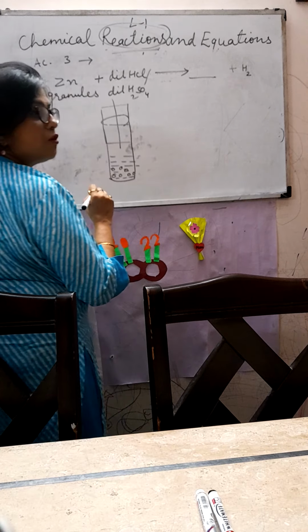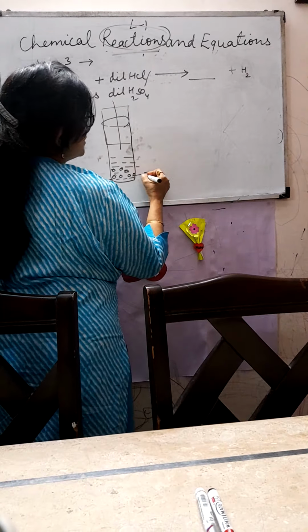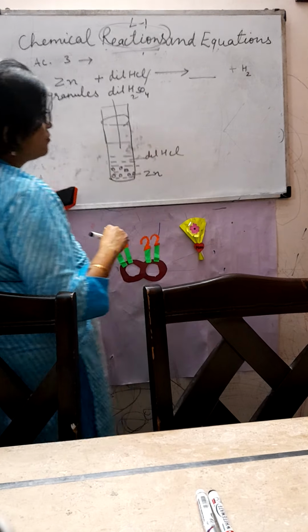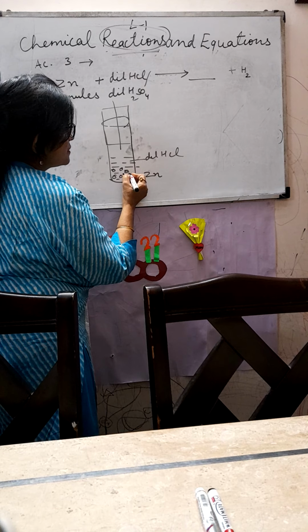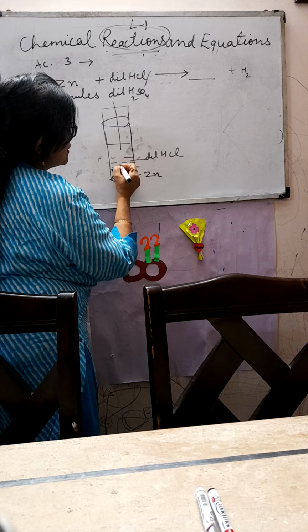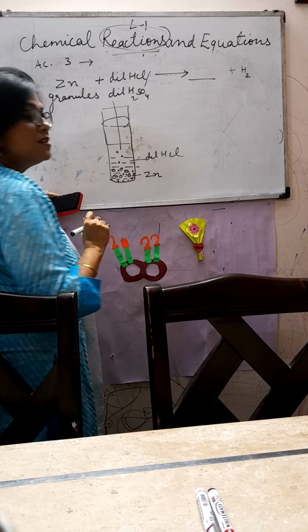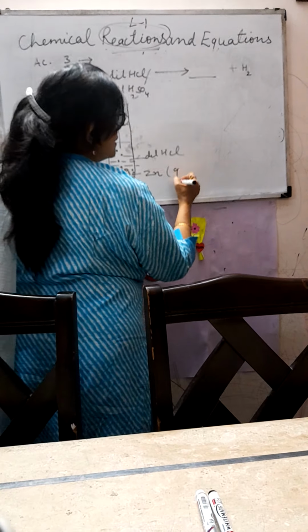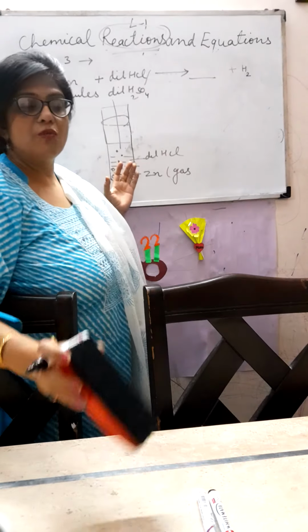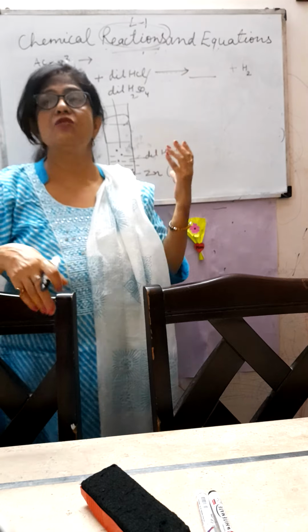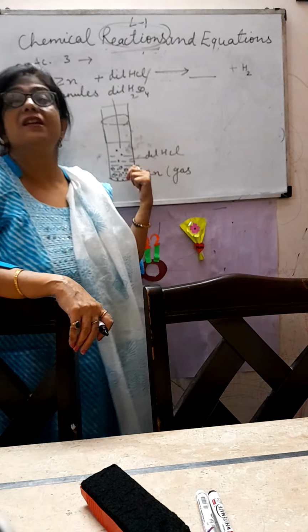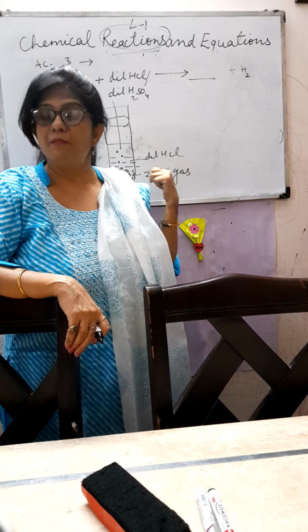Now, what will be formed after that? This is zinc granules. This is dilute HCl. What will be formed? Few bubbles will start forming near the zinc granules. That means there is evolution of a gas. And if you touch this test tube, what will happen? You will observe that the test tube becomes hot. There is rise in temperature. So this shows that there is a chemical reaction taking place.